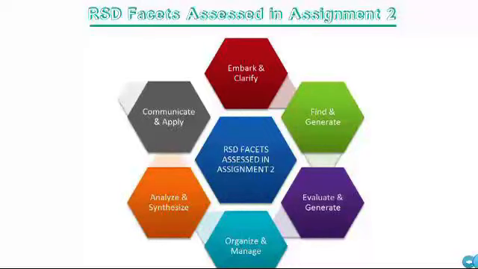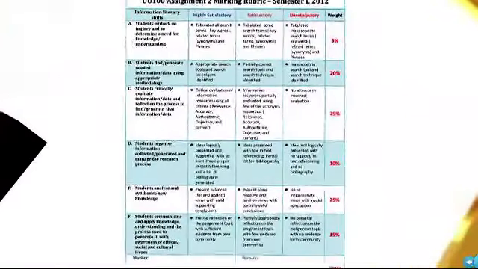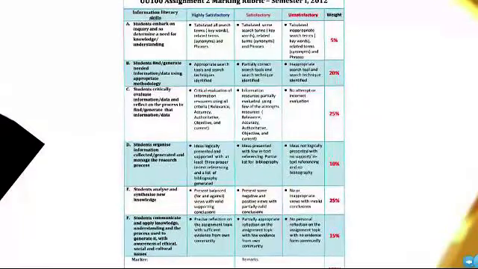Okay? We listed down the facets of research we wanted the students to focus on, and then students were given this particular rubric that they have to show evidence of inquiry, evidence of finding and generating information, evidence of critically evaluating, organizing. And you'll notice that the rubric actually has different weightings for different facets.